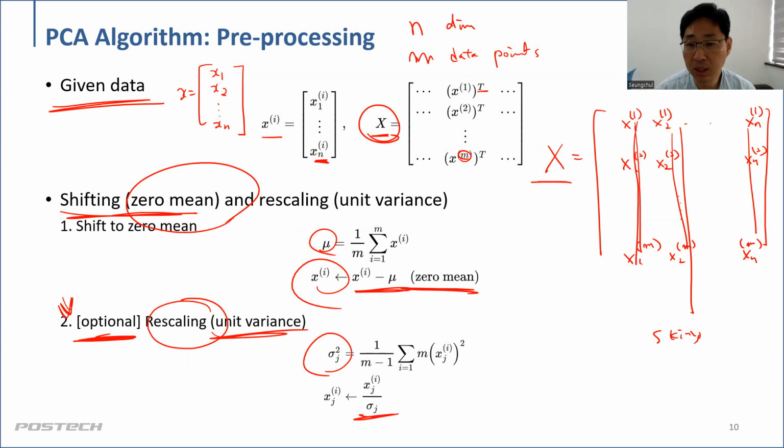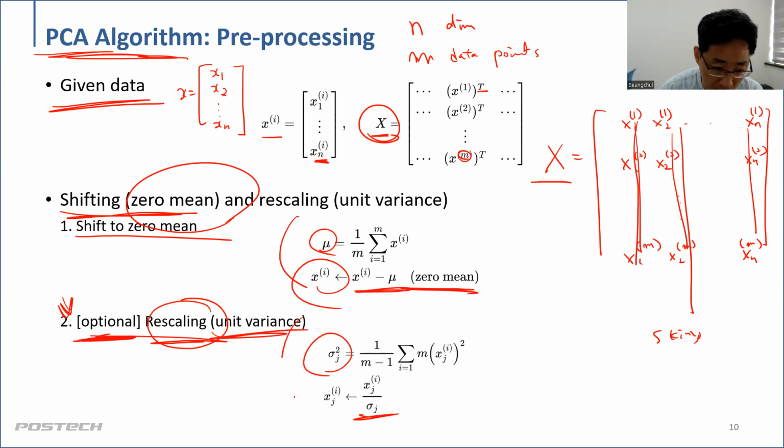In that case, I recommend not to do scaling. But again, before we conduct the PCA, you have to do the shift to zero means and rescaling. You can easily do that using the sample mean or sample covariance or sample variance.